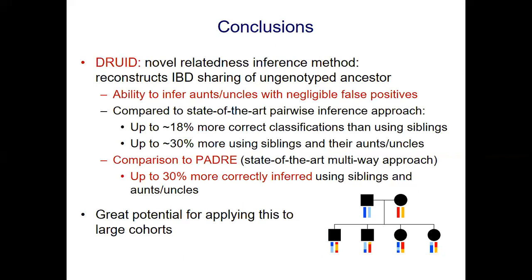Compared to refined IBD, DRUID infers up to 18 or 30% more pairs correctly, and compared to PADRE, it can infer up to 30% or even more pairs correctly. And we're really excited about the potential for applying this to large cohorts where there will be data for siblings and aunts and uncles and those sort of things.